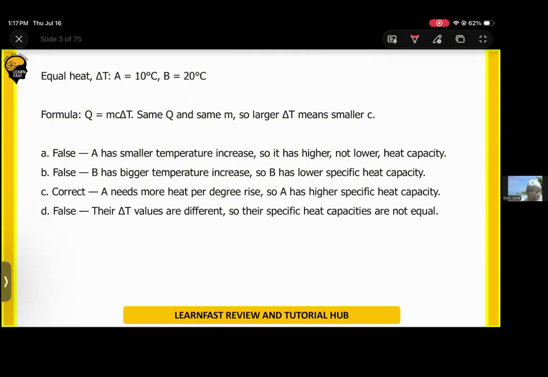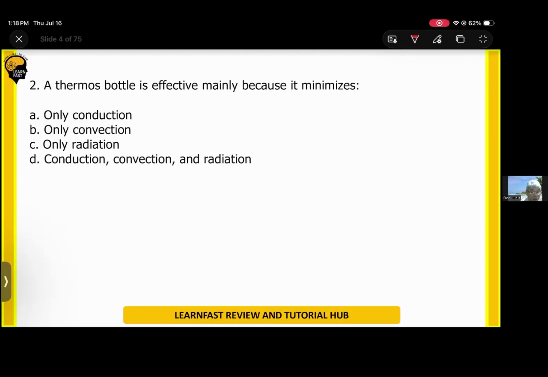These are the detailed explanation why the other 3 options are wrong. Letter D is false because the delta T values of the 2 blocks are different, so their specific heat capacities are different also. So the answer is letter C. Then we go to number 2.